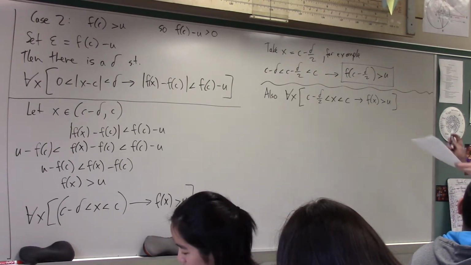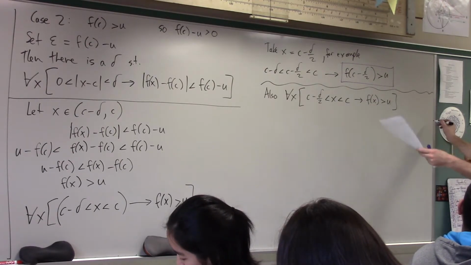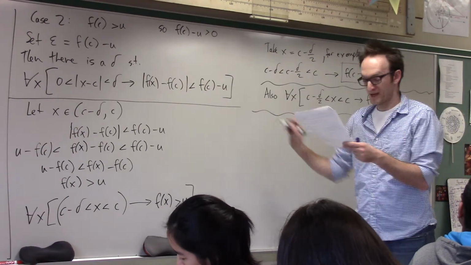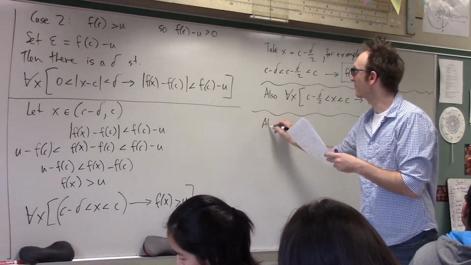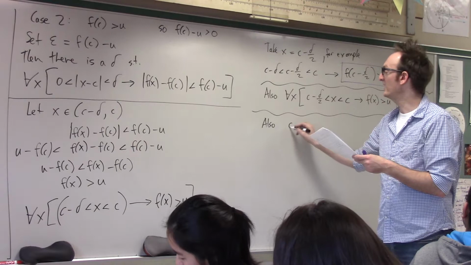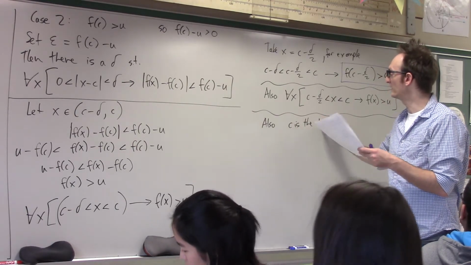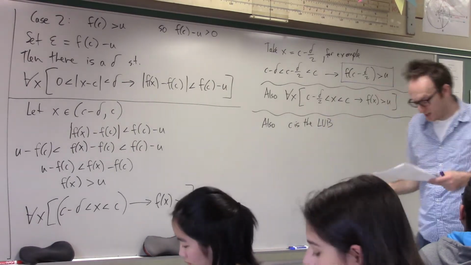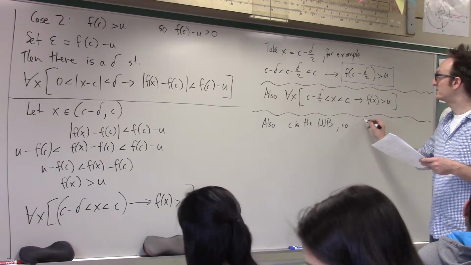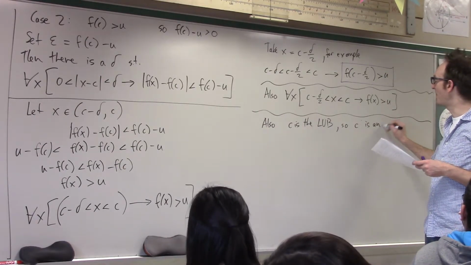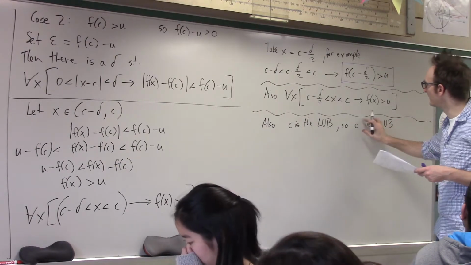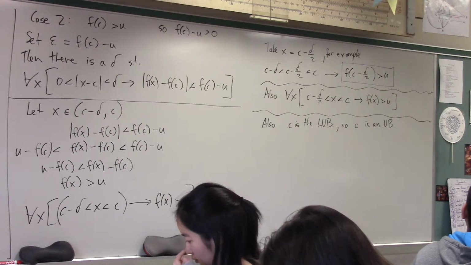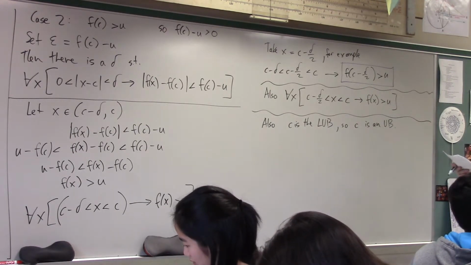One more side thing: let's not forget that c is the least upper bound. So c is an upper bound. And this is the level of rigor that no one goes into on the internet. What does it mean to be an upper bound?